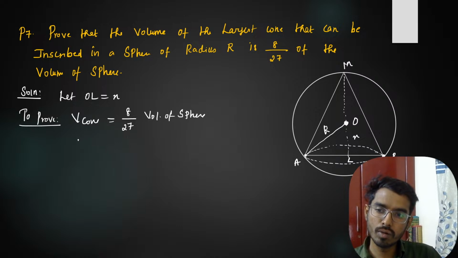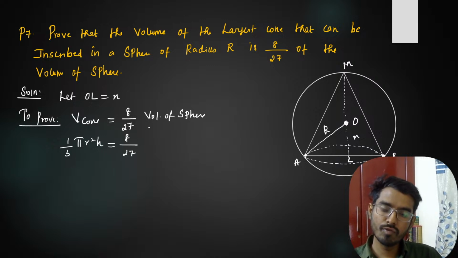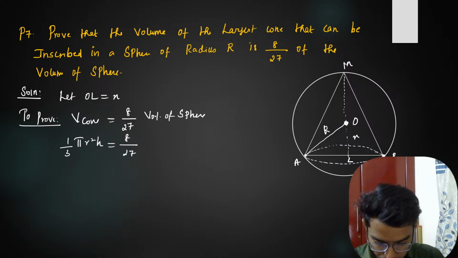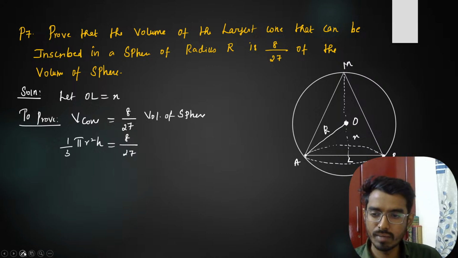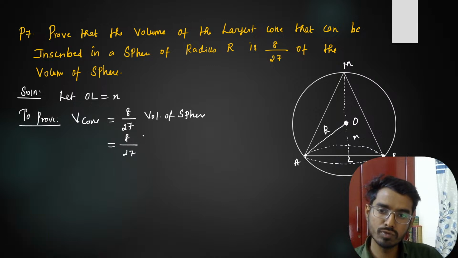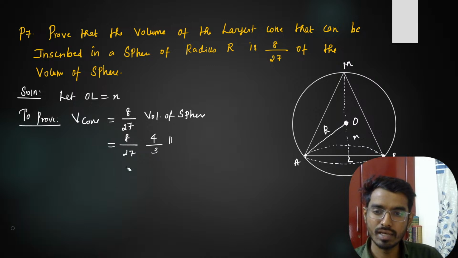What is volume of cone? 1 by 3 pi r square h. 8 by 27 of volume of sphere. What is volume of sphere? We can do this later on. So this one we need to prove, right?